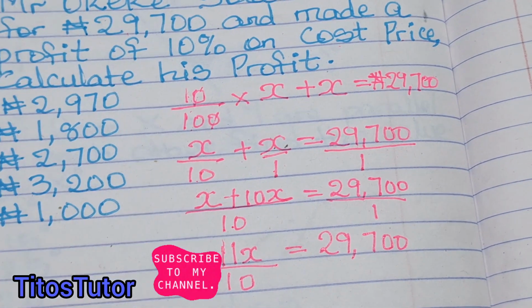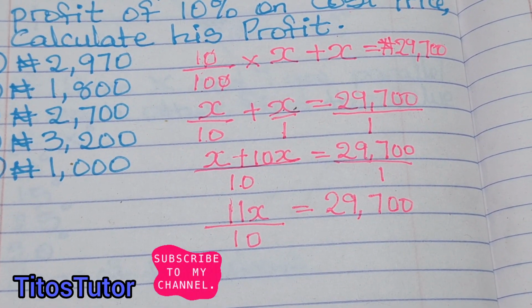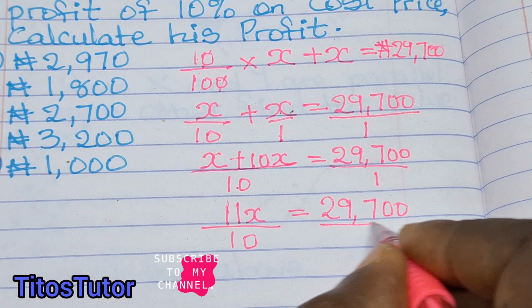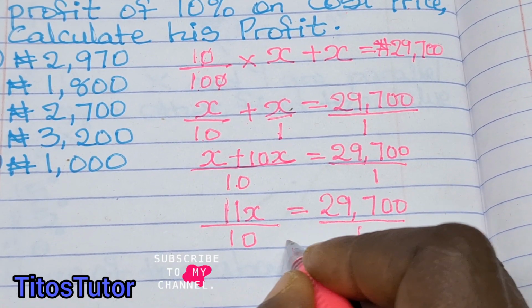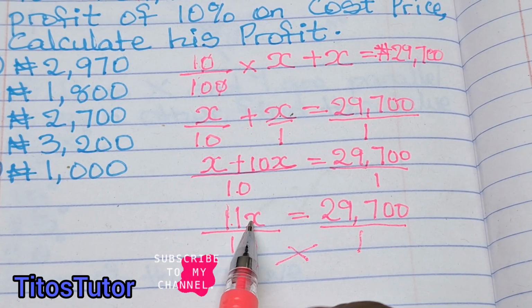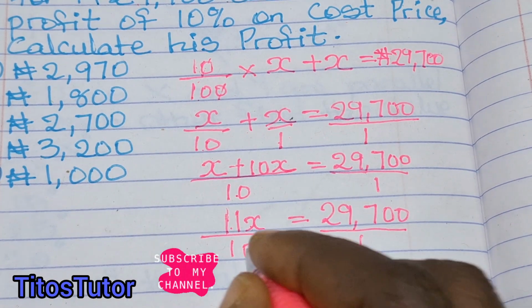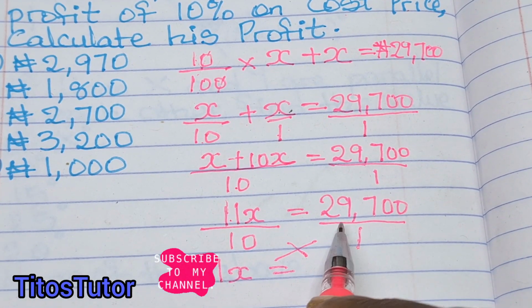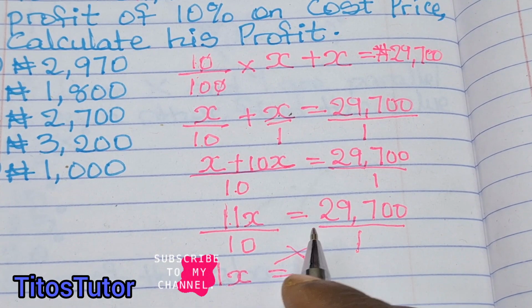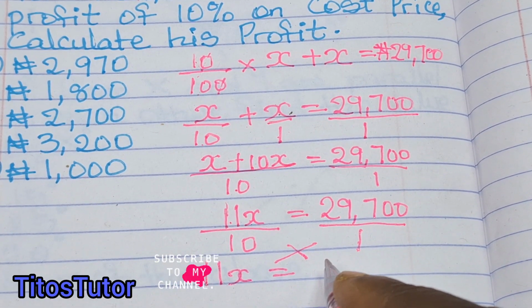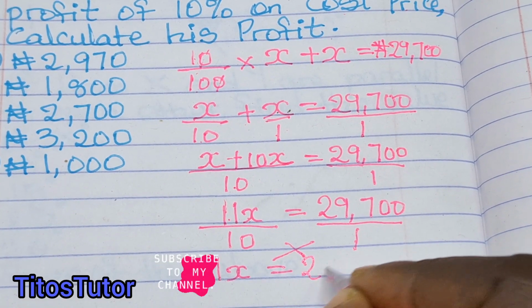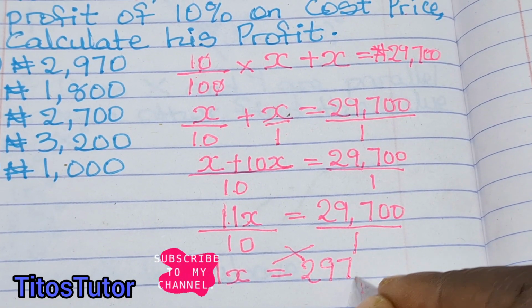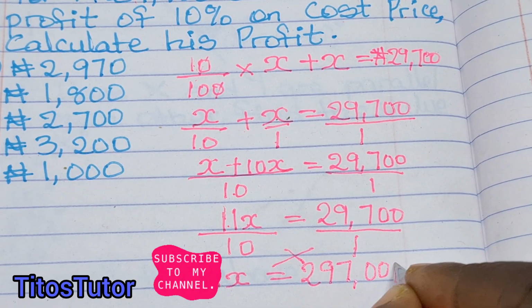29,700. Okay, so now I can cross multiply because two fractions are equating each other. 11x multiplied by 1 is still 11x. 29,700 multiplied by 10 is 297,000.